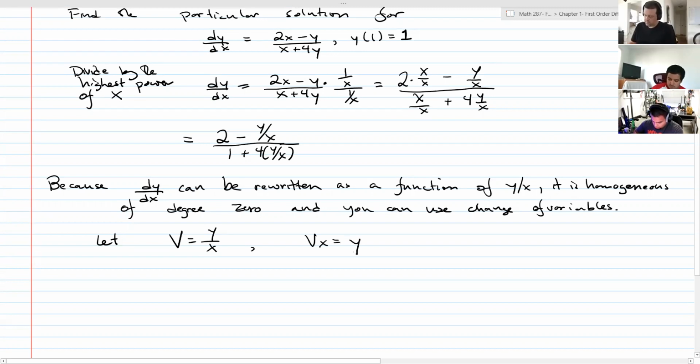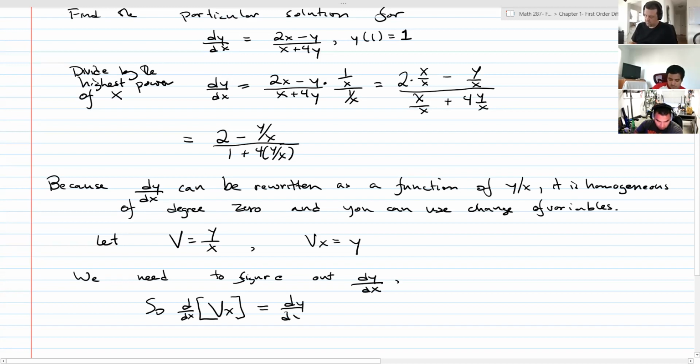What we need to figure out is dy/dx, and that's why we need vx equals y. So taking the derivative of both sides, d/dx of vx is equal to d/dx of y, or dy/dx.